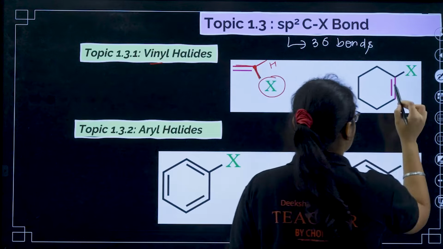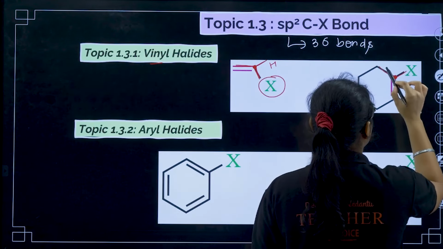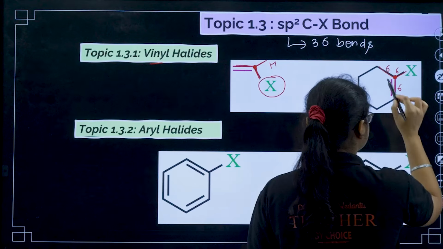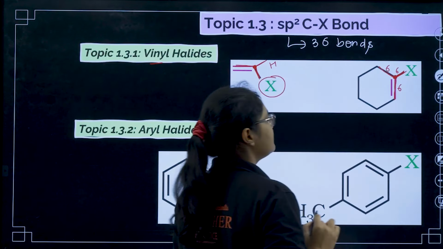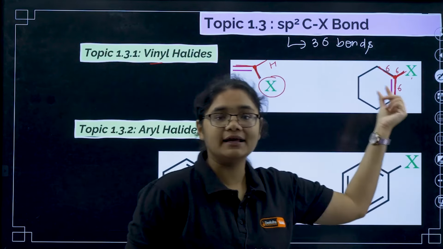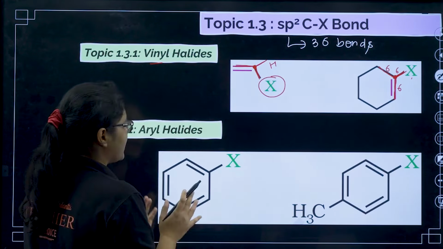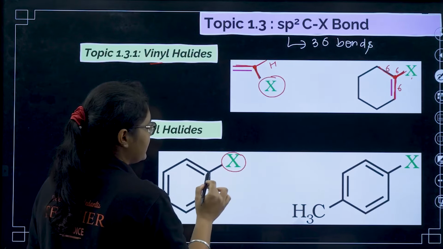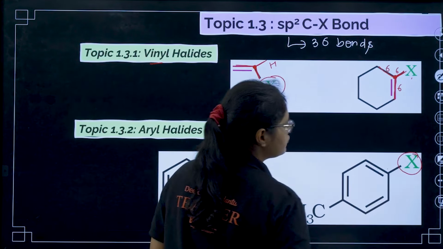Similarly, if you see this carbon here, which contains these 3 bonds, right? These 3 are sigma bonds. Now when there are 3 bonds present here, and then we get a C-X bond, this is again a vinylic halide. Next we have aryl halides, when the X is directly attached to the benzene ring. Here also the X is directly attached to the benzene ring.